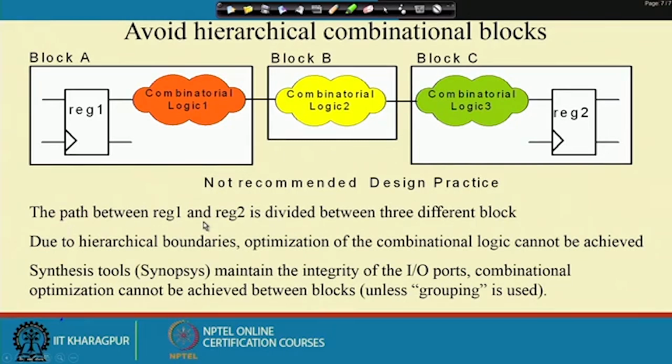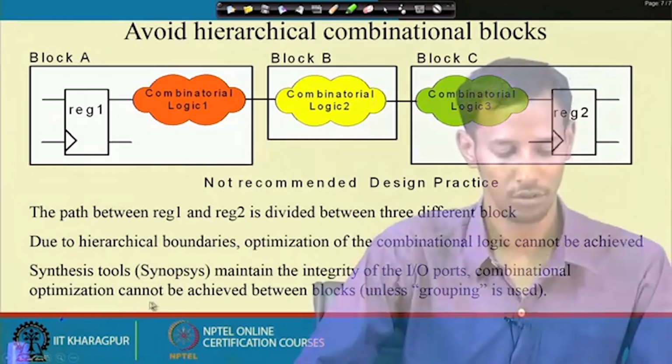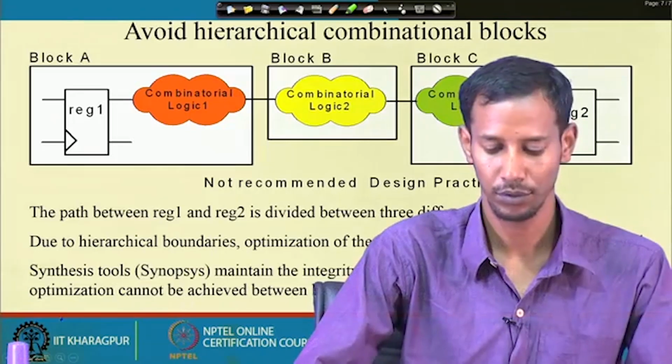So the path between register 1 and register 2 is divided between 3 different blocks. Due to hierarchical boundaries, optimization of the combinational logic cannot be achieved. The synthesis tool maintains the integrity of the IO ports, and combinational optimization cannot be achieved between blocks.